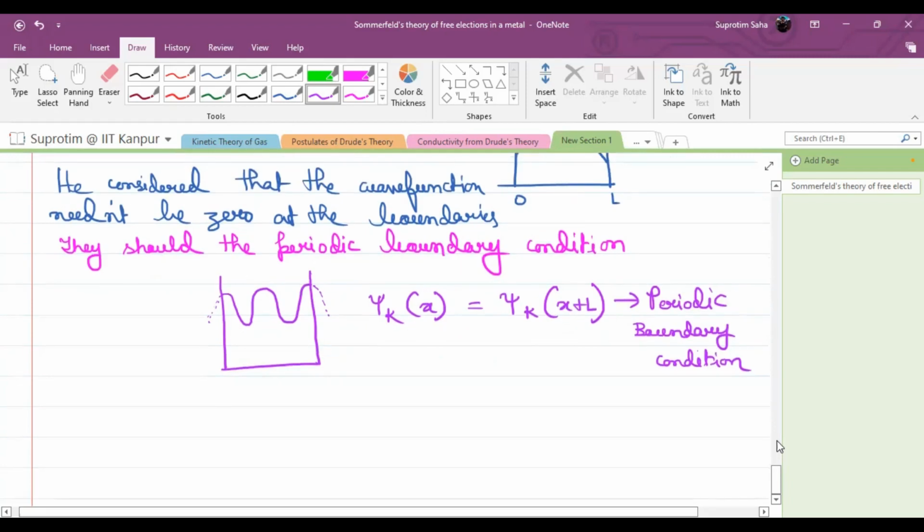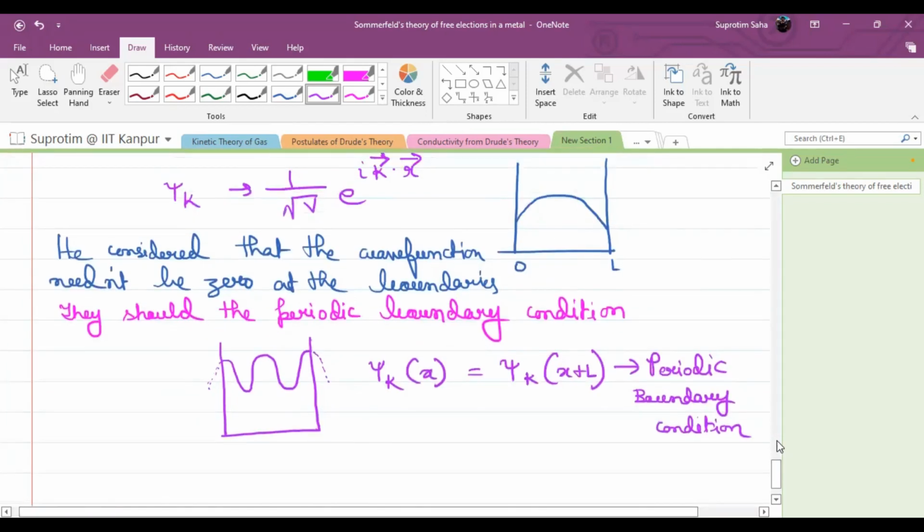So you can imagine that if the electrons obeyed the condition that the wave function has to go to 0 at the boundaries of the box that it is roaming in, then the electrons will bounce back from the walls of the box or the container, which will give rise to standing wave solutions.